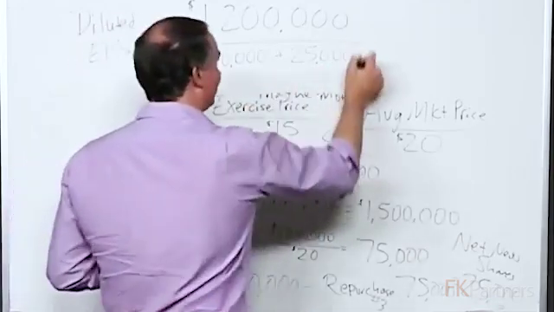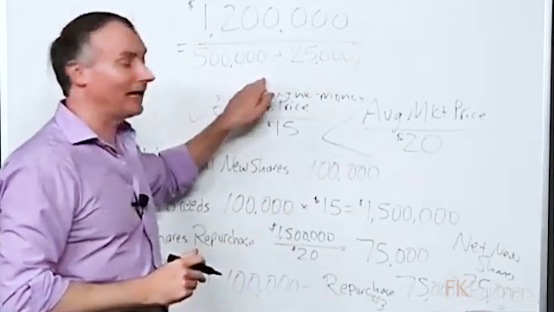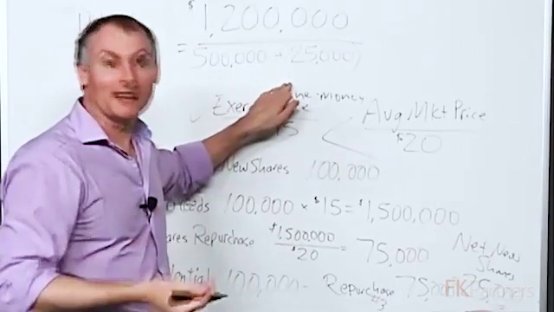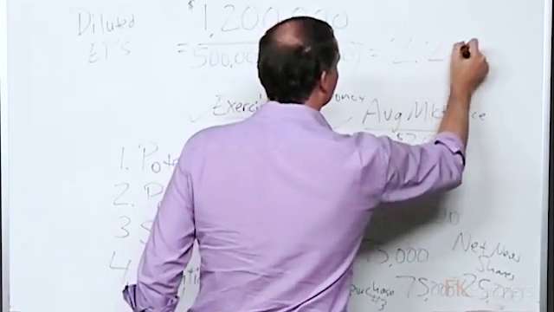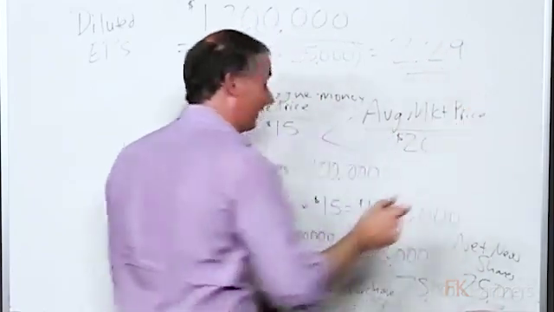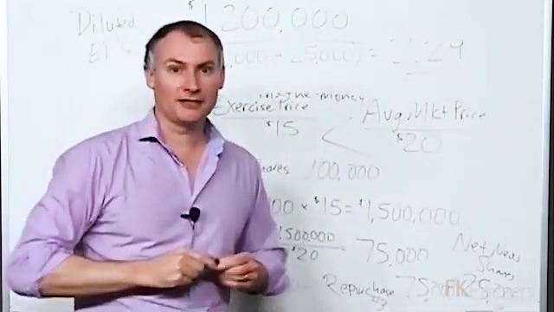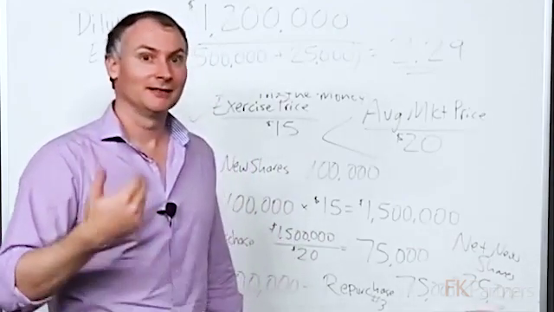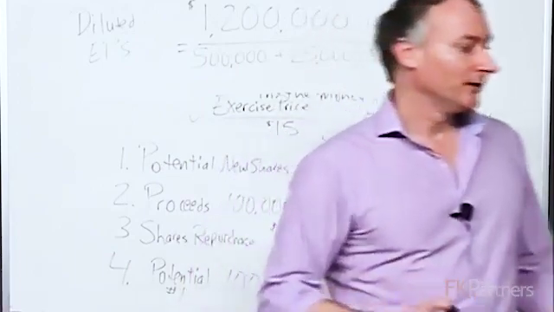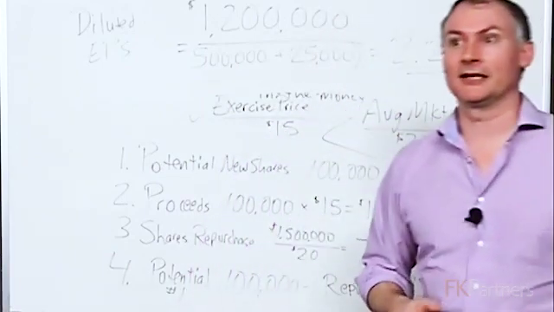That's going to give me a denominator down here of 525,000, and that's going to allow me to calculate a new earnings per share number, diluted now, of $2.29. Remember what it was. It was $2.40. Now it's down a little bit to $2.29.